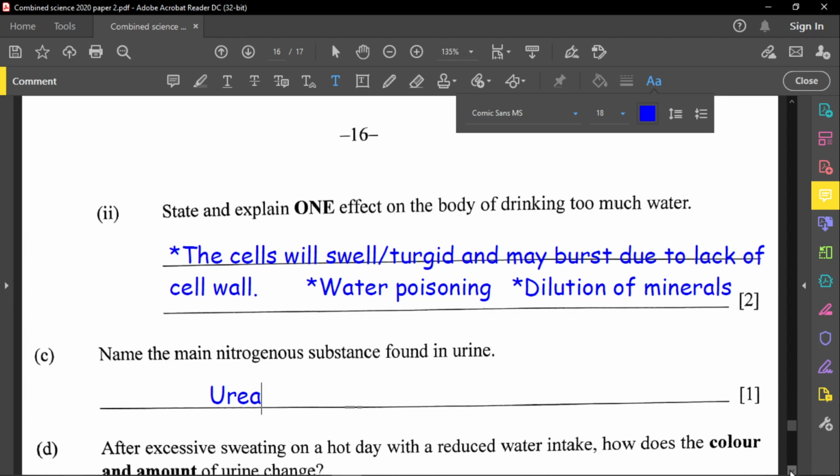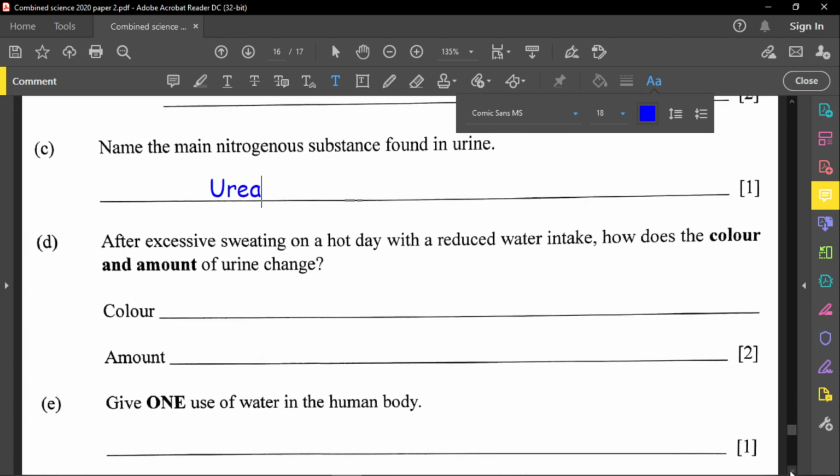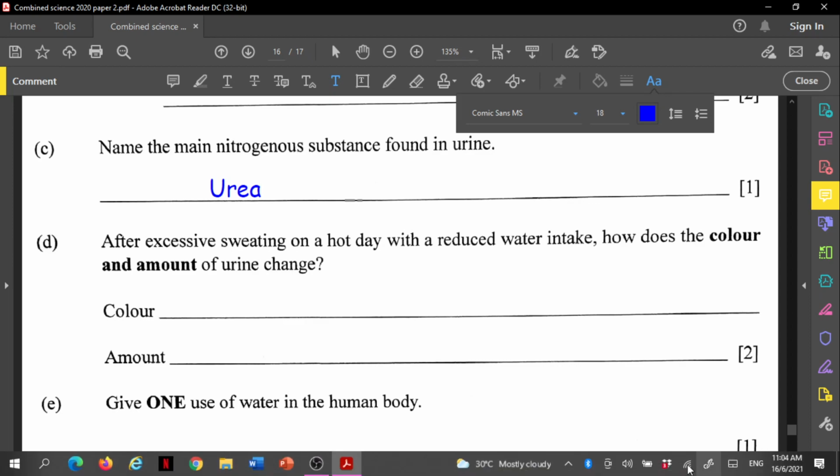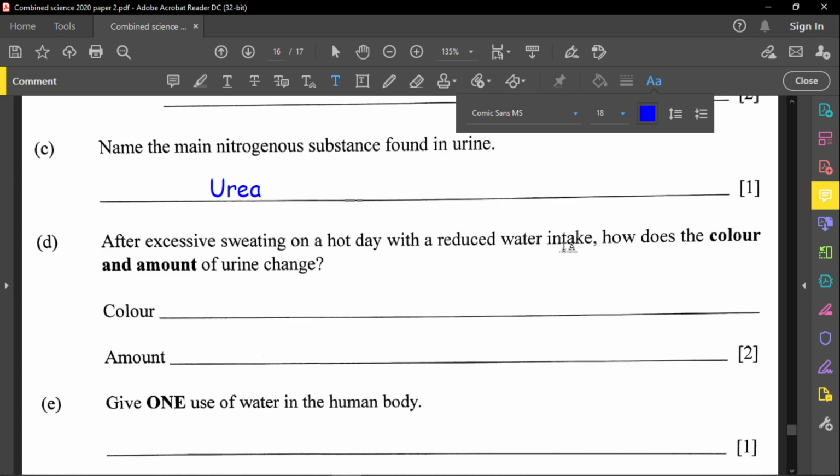All right, let's go to the next question. After excessive sweating on a hot day with reduced water intake, you exercise more and have more sweating, or you're just in the sun. You have excessive sweating and you're taking less water. How does the color and amount of urine change?